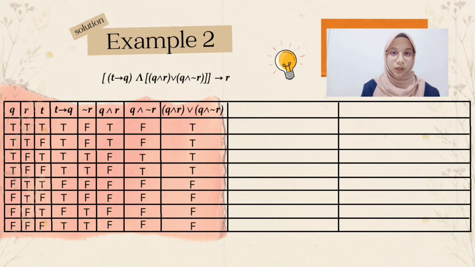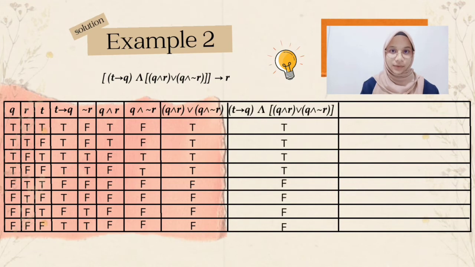Q and R or Q and negation R: true, true, true, true, false, false, false, false. P implies Q and that: true, true, true, true, false, false, false, false. And the last, that implies R: true, true, false, false, true, true, true, true.